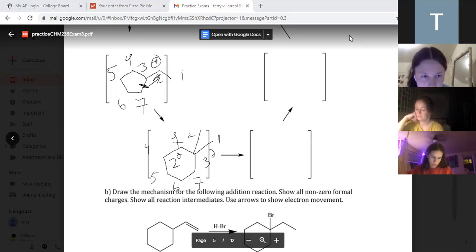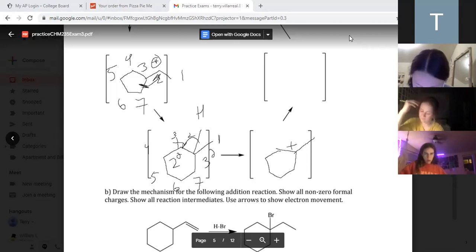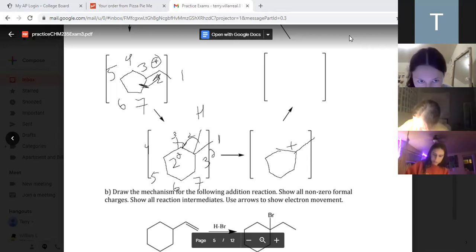So I'm going to have a hydride shift. And now this is going to be my carbocation. Does that make sense? Okay, so now I have my tertiary carbocation. I have expanded my ring.